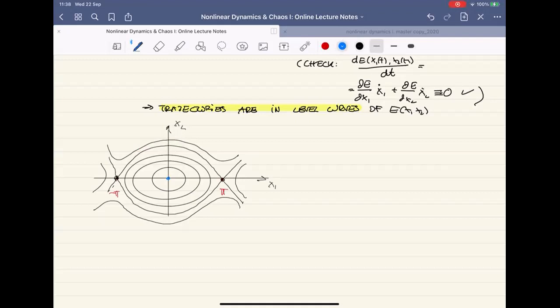But just get used to the fact that in a mechanical system, whenever a trajectory is in the positive x2 regime, x1 is always increasing everywhere. And likewise, when x2 is negative, that means you have a negative velocity. So your position, no matter what, has to be decreasing. Okay, so that immediately gives you the overall orientation. You can complete this picture without much thinking, just sort of mechanically.